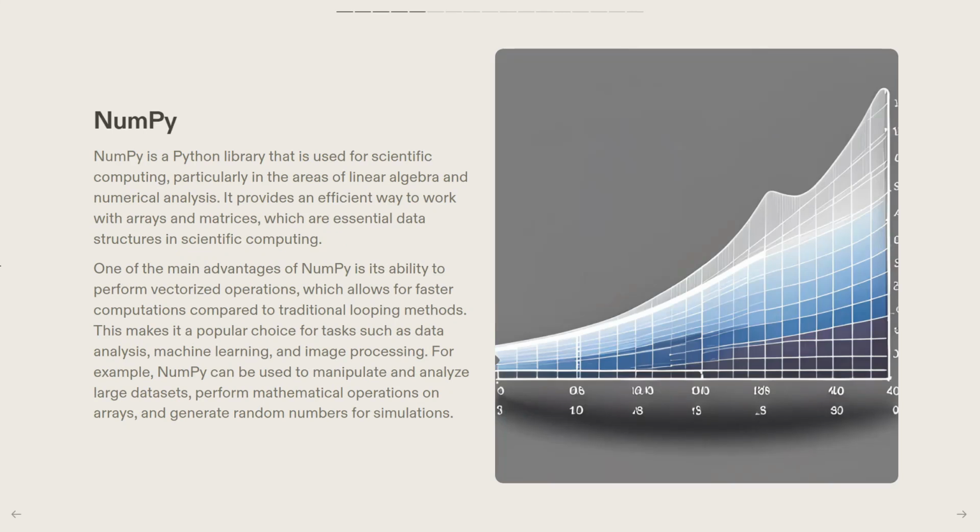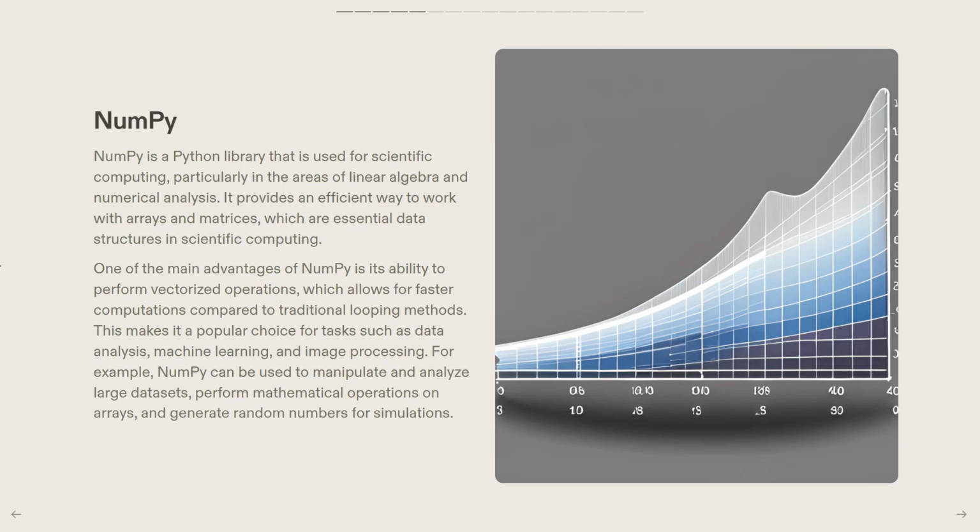NumPy is a library that is used for scientific computing, particularly in the area of linear algebra and numerical analysis. It provides an efficient way to work with arrays and matrices, which are essential data structures in scientific computing. One of the main advantages of using NumPy in real life is its ability to perform vectorized operations, which allows faster computation compared to traditional looping methods, like the loops that you make in C++.